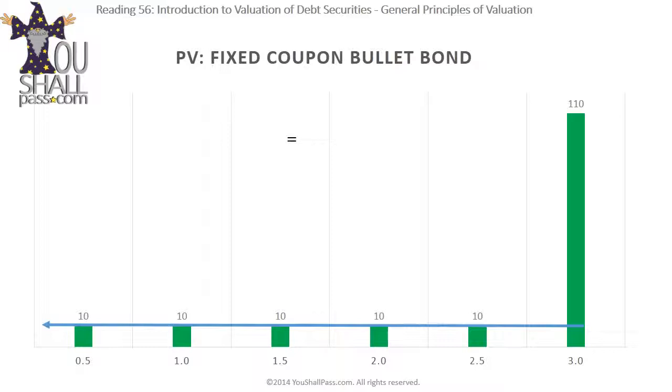Or you can just use the financial mathematics developed long ago by great men, talking specifically about annuities here. It's a regular coupon bond with a bullet maturity.